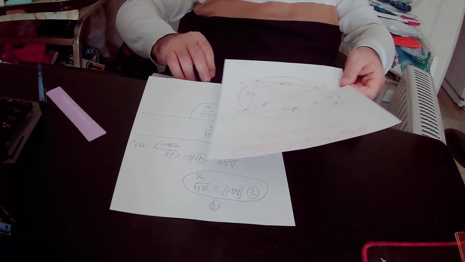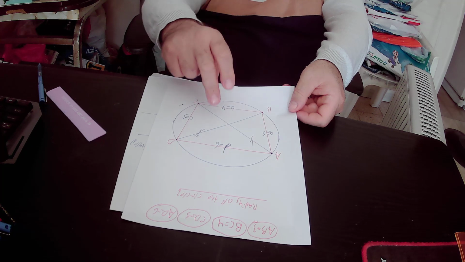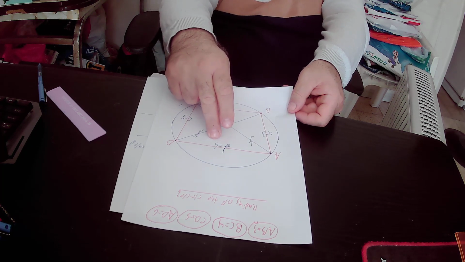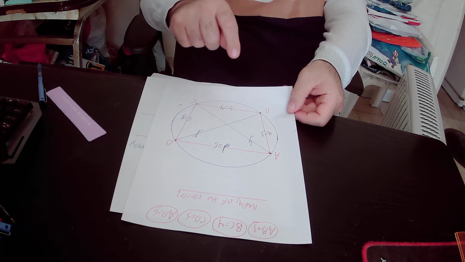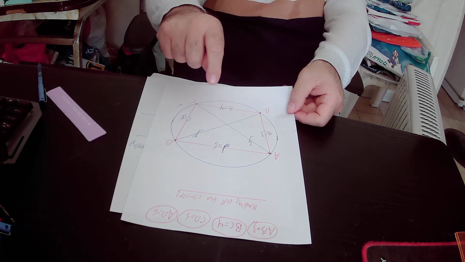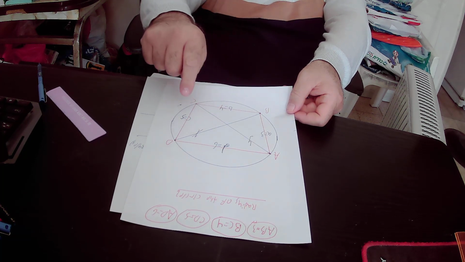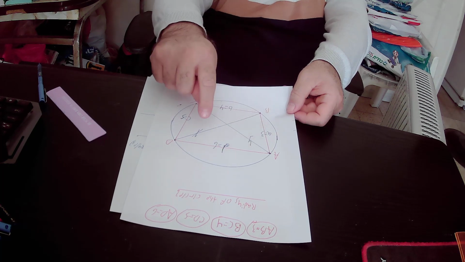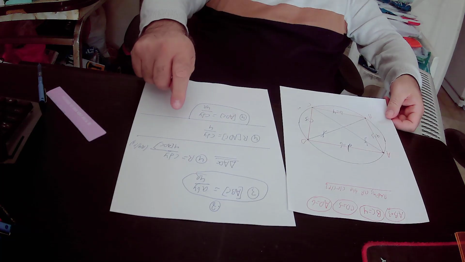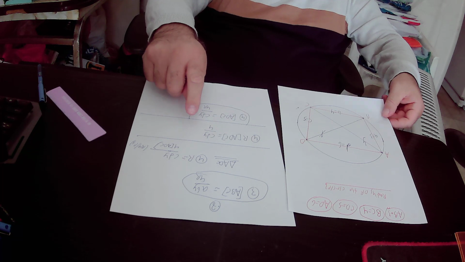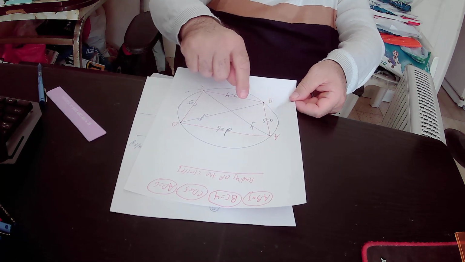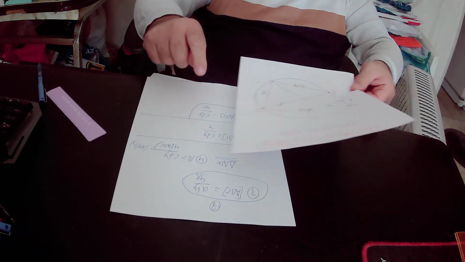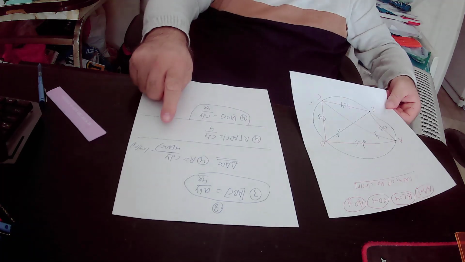Then we focused on triangle ADC. Triangle ADC is inscribed by this blue circle, therefore according to rule number 3, the radius of this circle that circumscribes triangle ADC will be equal to the product of triangle ADC sides, that is to say C times D times Y over 4 times the area of triangle ADC.